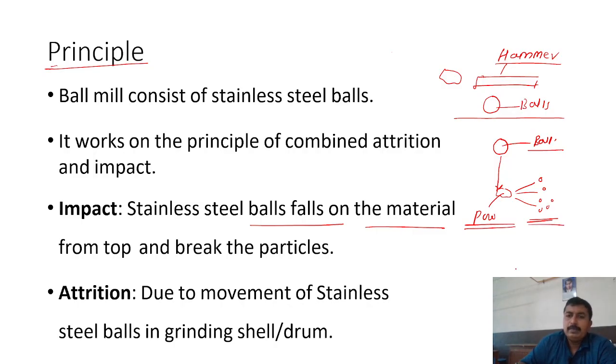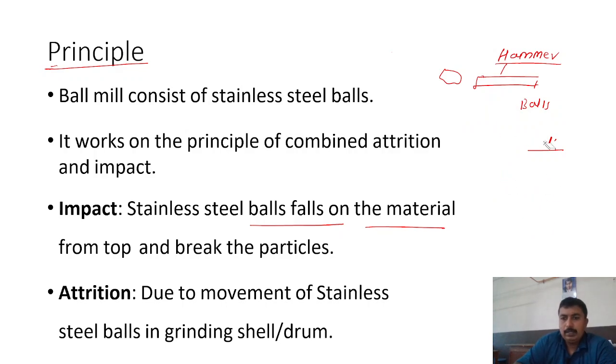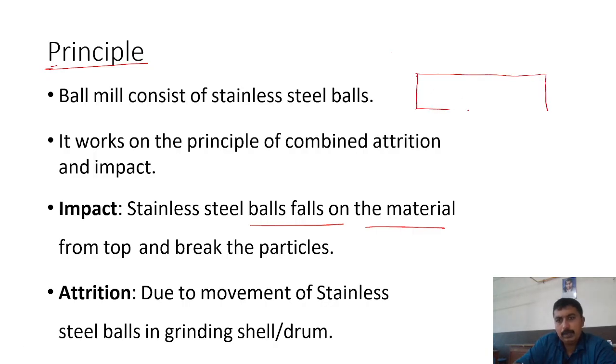The next mechanism of particle size reduction using the ball mill is impact. Impact we have already discussed. Next is attrition. How attrition takes place, that we will discuss. The ball mill basically consists of a cylindrical hollow chamber like this, and in the cylindrical hollow chamber the stainless steel balls are placed.